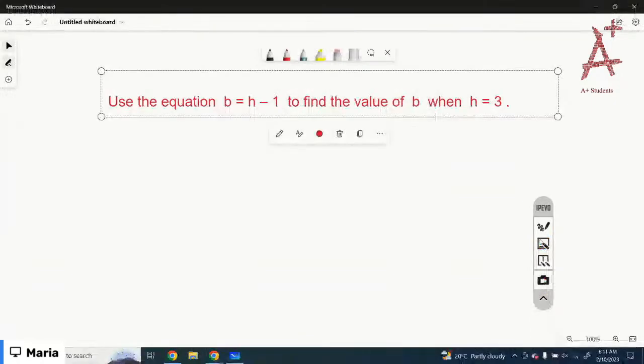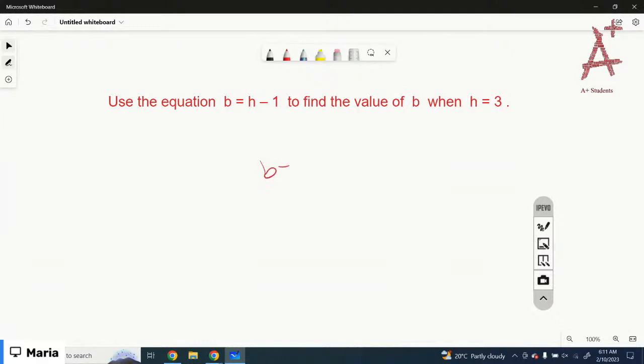Okay, so simply replace the variable in the equation with the value. It would be b equals 3 minus 1. 3 minus 1 is 2. That means the value of b is 2.